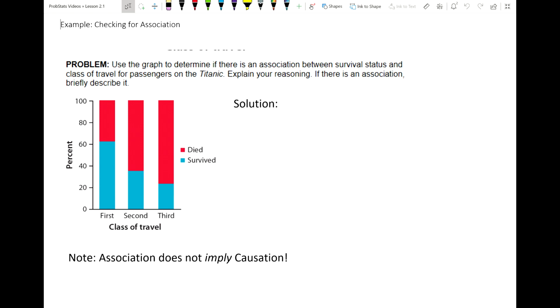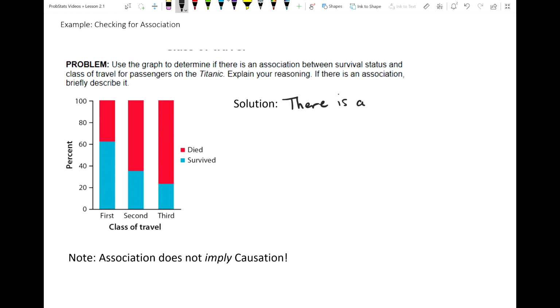Okay, so using the same problem that we did earlier, is there an association between survival status and class of travel? Well, we kind of already mentioned this, right? And they want us to explain our reasoning. In this case, we said that there is an association. There seems to be some kind of relationship between those two things.